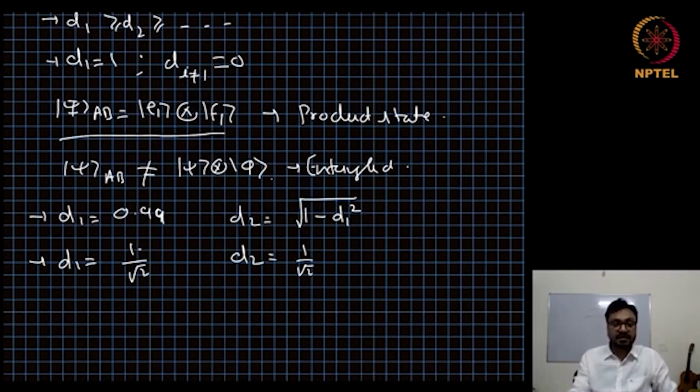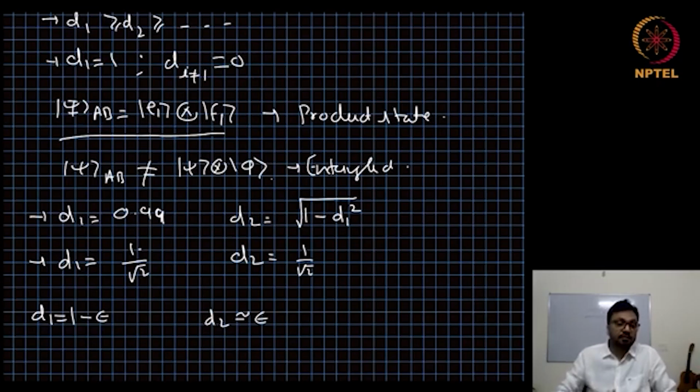Now we can see that when d1 is 1, then it's a separable state. If entanglement is a continuous and smooth function, then if we reduce d1 very slightly and increase d2 very slightly, the state is slightly entangled. Let me repeat the argument here.